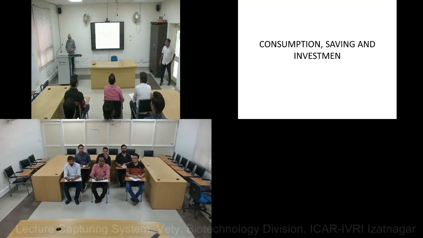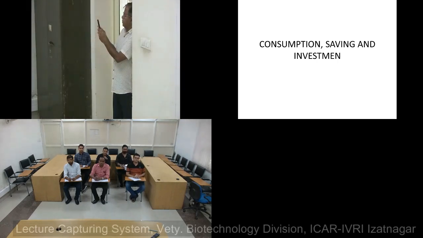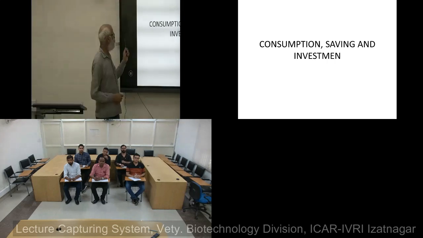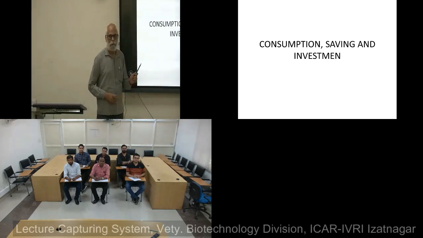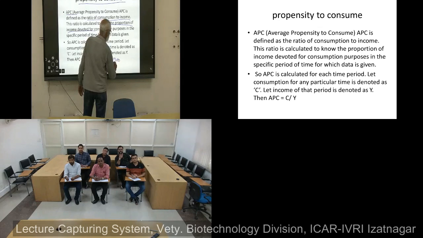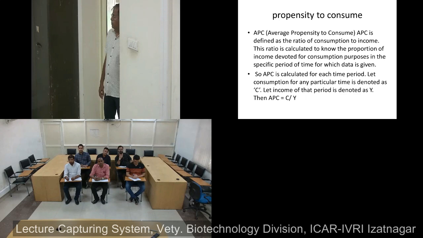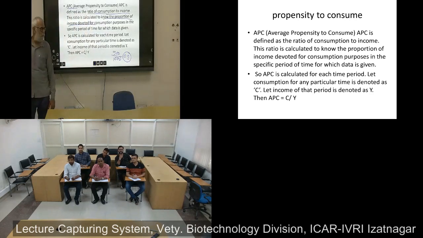So dear students, today we are going to understand consumption, saving and investment. These three are the main pillars of macroeconomics. We will be discussing one by one what is consumption, what is saving and what is investment, and other related concepts. If 500 was your consumption and 1000 was your income, the ratio is 0.5. So this is the value of the average propensity to consume.